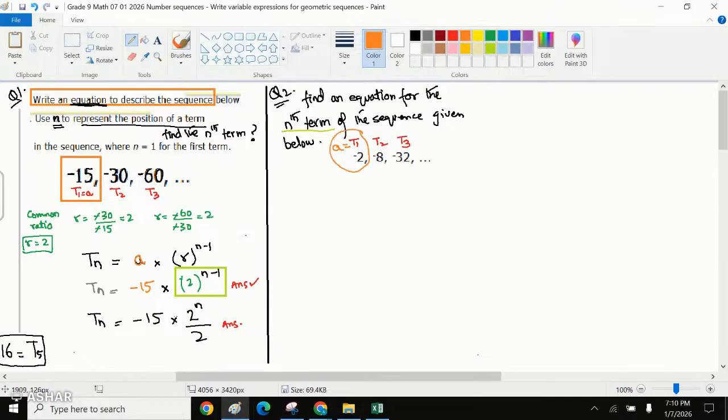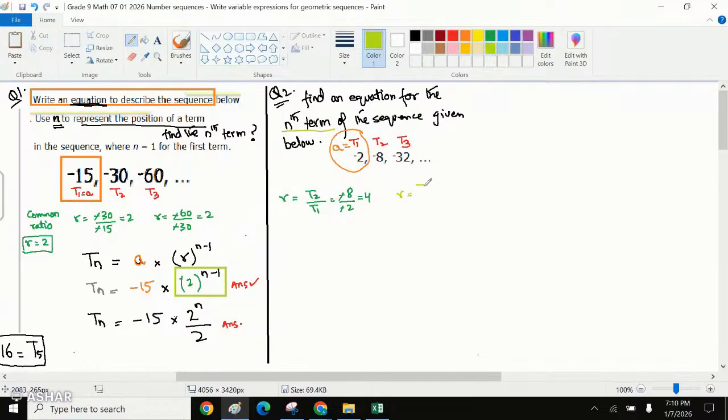This is the standard, this we need to remember. Can we find the ratio? The common ratio is always the ratio of 2 consecutive terms. We can say term 2 divided by term 1. That would become minus 8 divided by minus 2, and the ratio comes out to be 4. Let's verify.